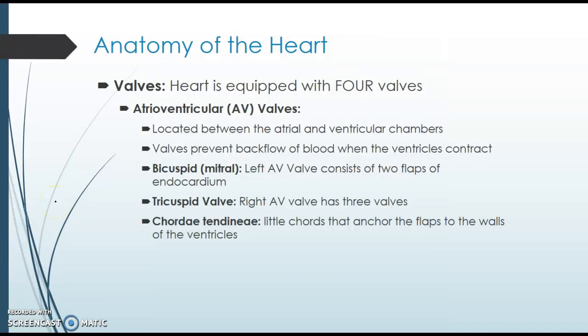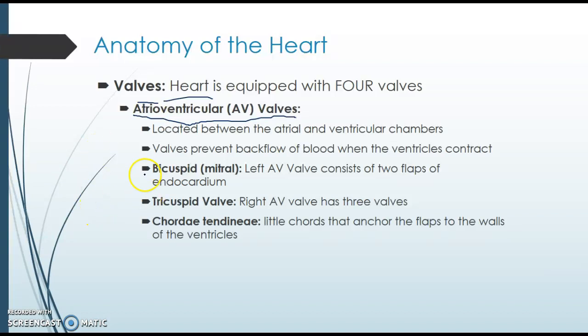So between these different chambers, we have different valves, and you have 4 chambers and you have 4 valves. You have what are called your AV valves, or atrioventricular valves. These are the valves that separate the atria from the ventricles. See how they name those for you, atrioventricular? So these are going to separate, for example, your right atrium from your right ventricle, or your left atrium from your left ventricle.